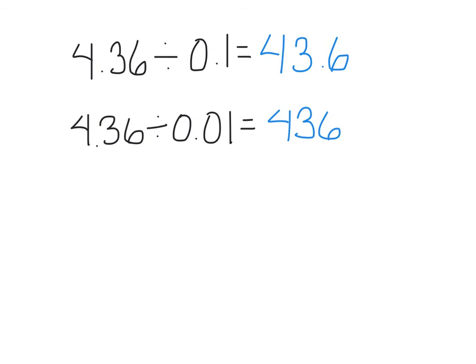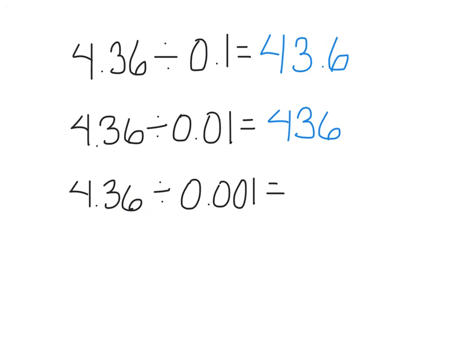For the next example, they have 4.36, this time divided by 1/1000th. So we know we're going to count the numbers after the decimal. 1, 2, 3. We're going to move our decimal 3 places. 1, 2, 3.